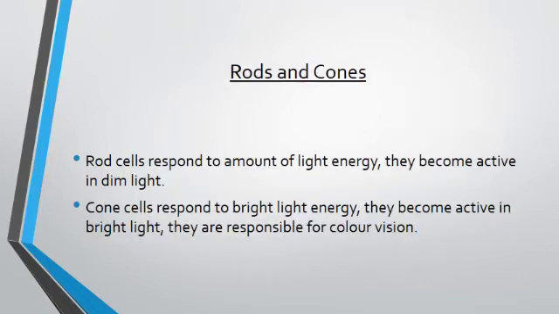These light sensitive cells are called rods and cones, or rod and cone cells. They have different functions. Rod cells respond to the amount of light energy and they become active in dim light.